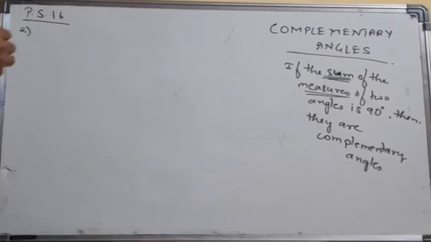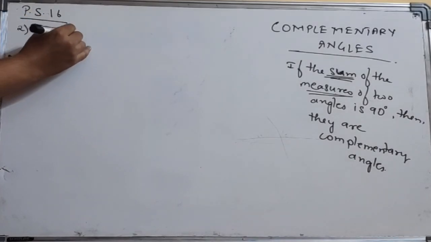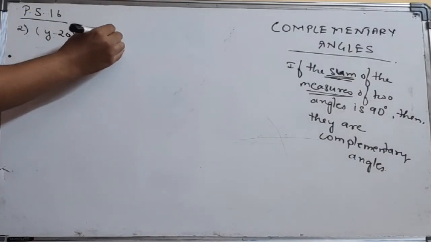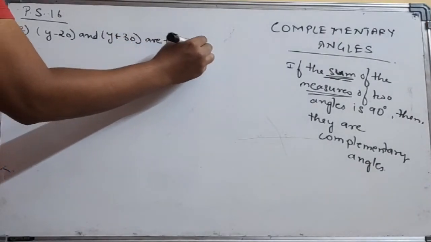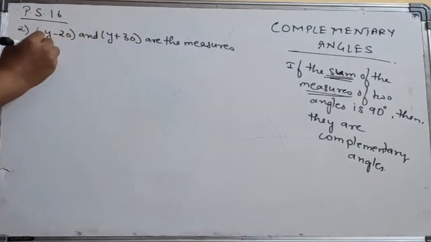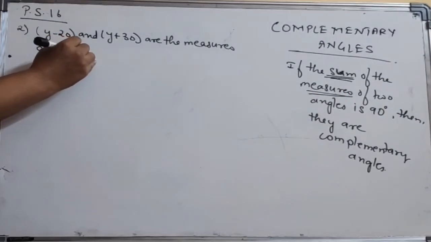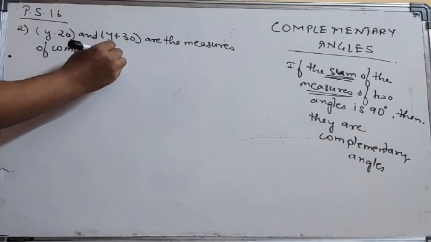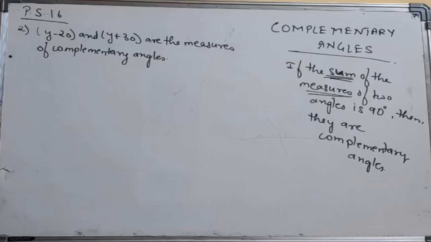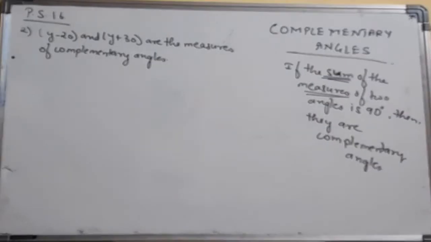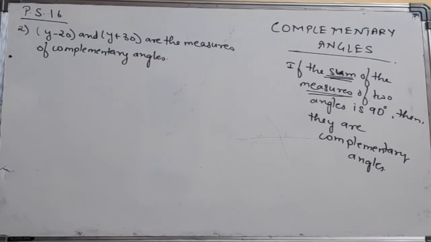So you have to find the measure of these two angles. Now in the measures there are variables, so you are going to first find the value of that variable y, and then substitute over here to find the measure of the angles.